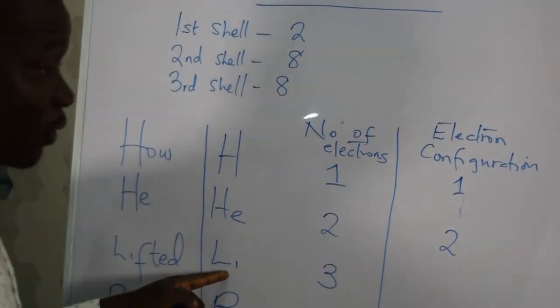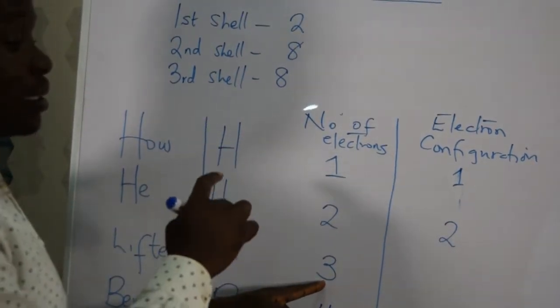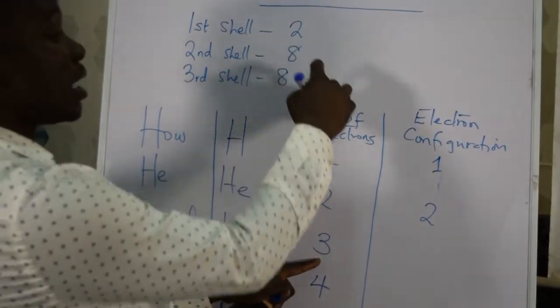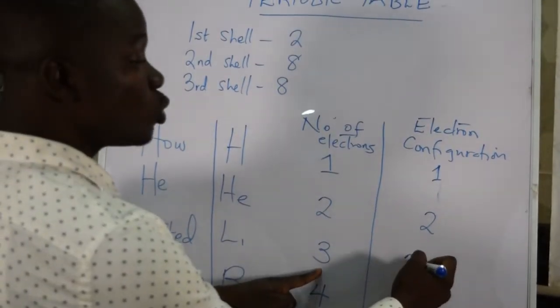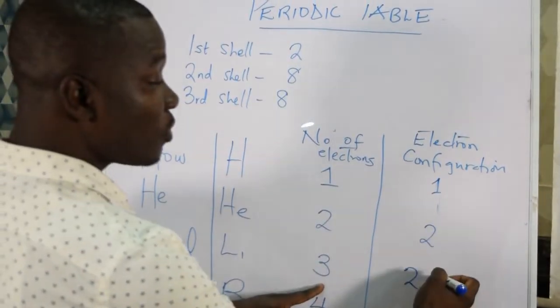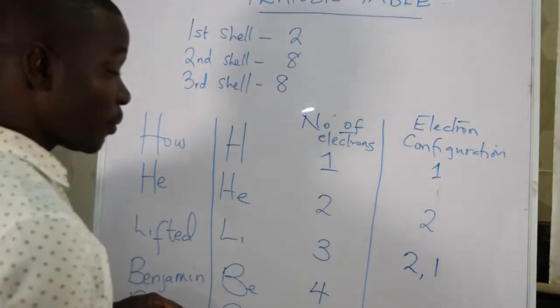When we come to lithium, lithium is element number 3, and it confirms that it has 3 electrons, and the rule says that the first shell should take 2. So 2, and when you take 2 from 3, it will be left with 1. So 2, 1. That will be the electron configuration for lithium.